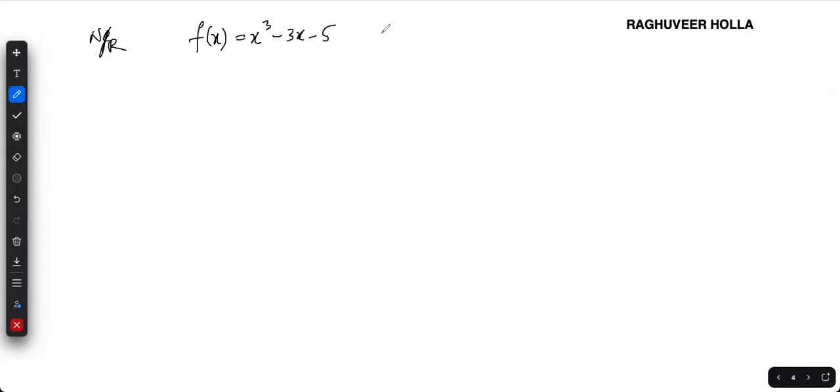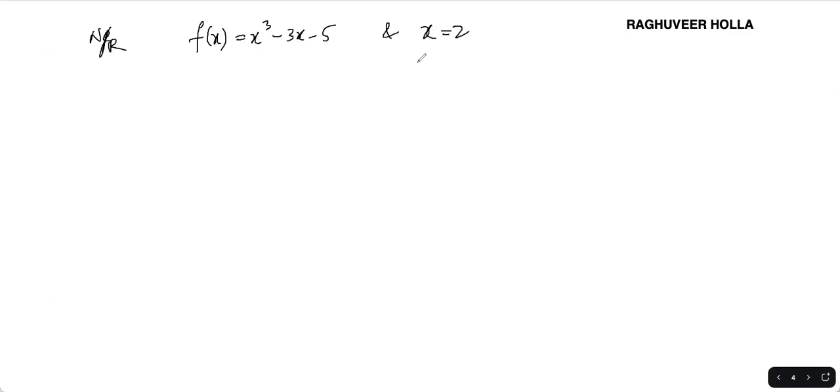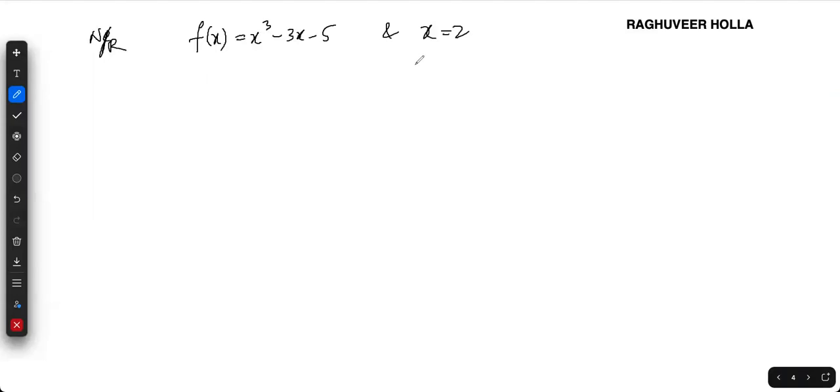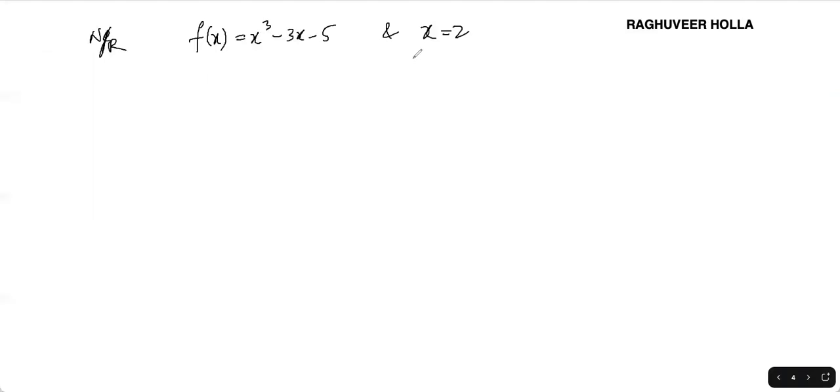And here, which is nearing to the root is given, which is x is equal to. So here your x naught which is given, or the first root which is given to you.